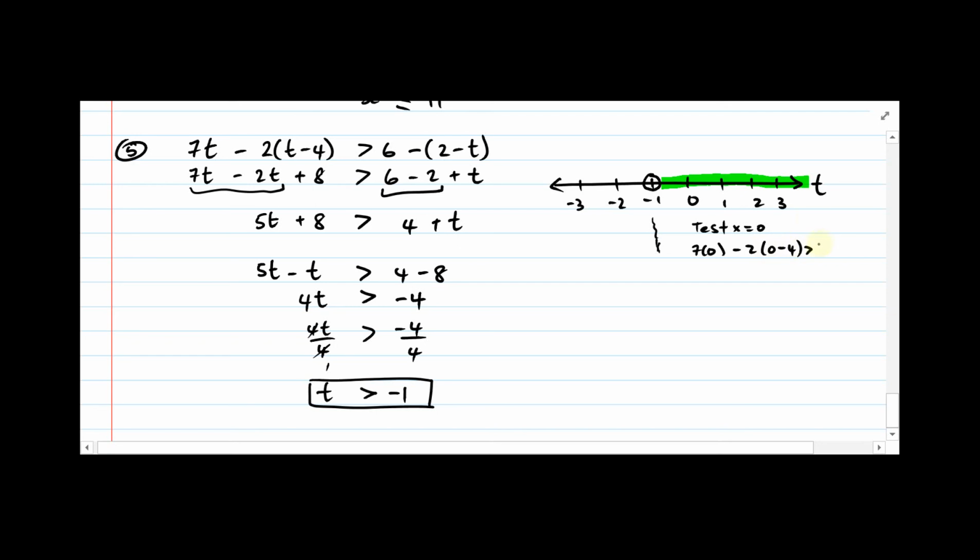Alright, it's easier to do as a mental check than what I'm doing here, which is actually physically writing it out, because you would have seen the first term went away, negative 2 times negative 4, this side would have given you positive 8. Is that greater than 6 minus 2? And 6 minus 2 is 4, so 8 is greater than 4. So you're getting a true statement on this half of the number line. Taking any other number on the other side would give you a false statement.